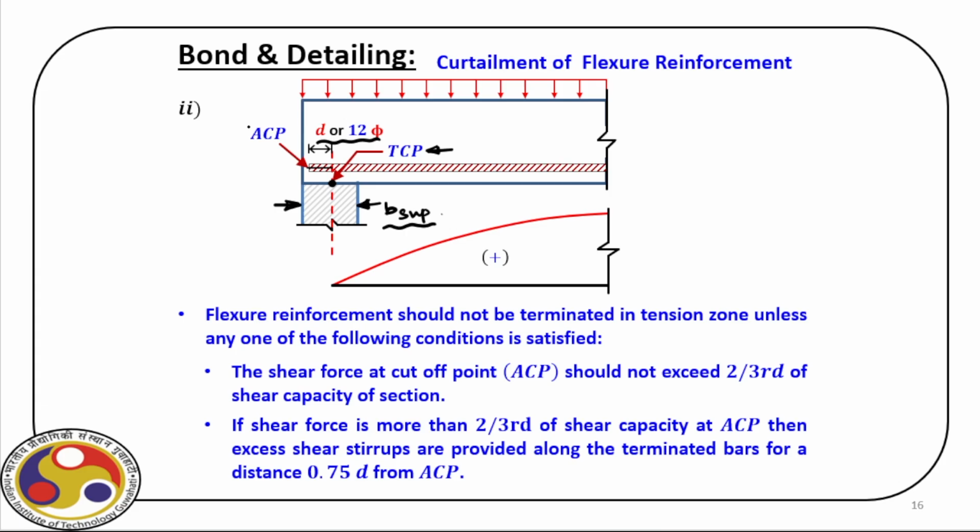The second point to be noted: if the shear force is more than 2/3 of the shear capacity at ACP, then excess shear stirrups are provided along the terminated bars for a distance of 0.75 D from the ACP. So we provide additional stirrups up to 0.75 D from the ACP.